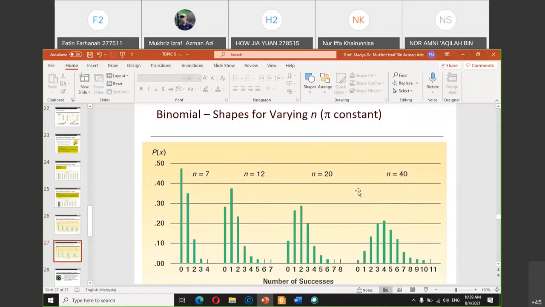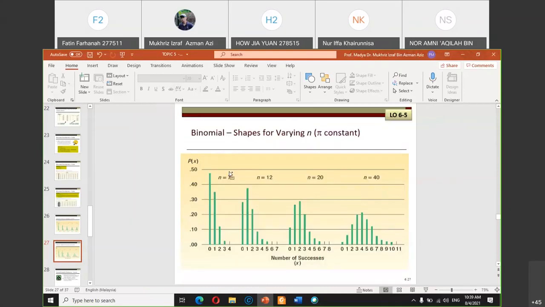So in both cases, whether you increase the number of trials by keeping pi constant or the other way around, the shape of a binomial distribution will change from not normal to a normal distribution. You can see here, this is almost like a negative skewed distribution, but the shape will change to a relatively zero skewness or normal distribution when you increase the number of trials.